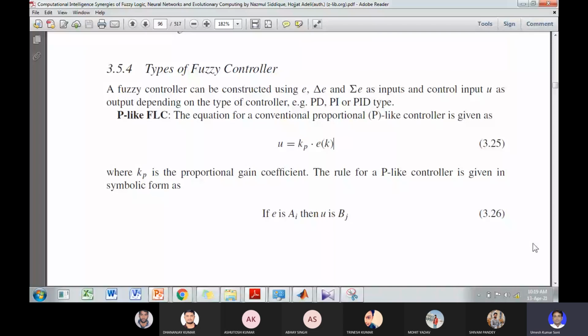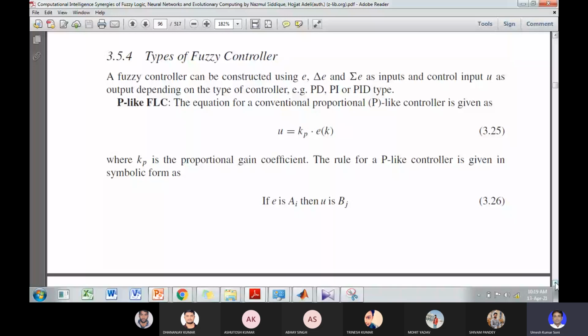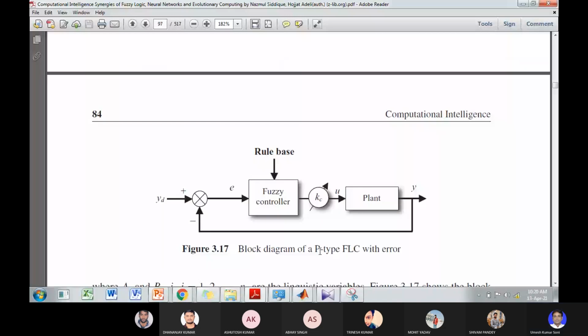So this is a P controller, and when we convert it to a fuzzy logic controller, we have this structure. The error is given as the input, and at the actuating output a compensator gain is here.